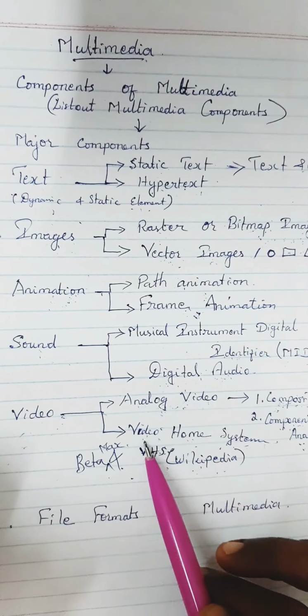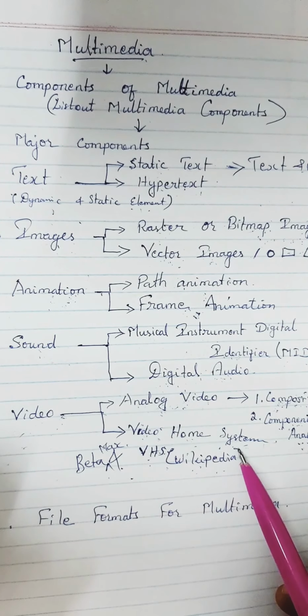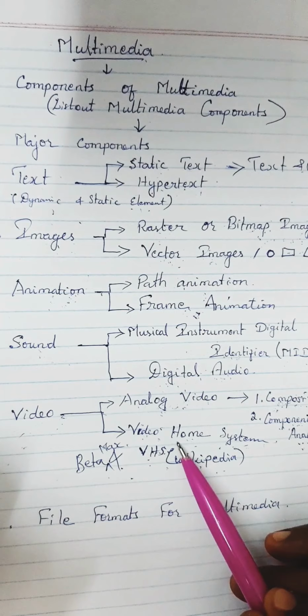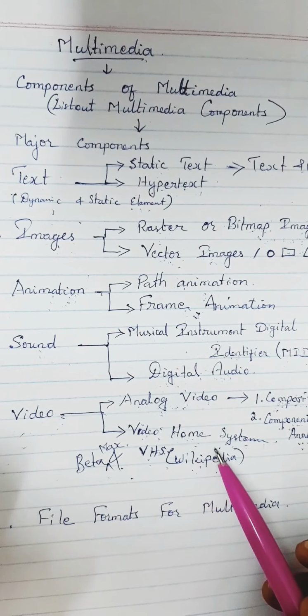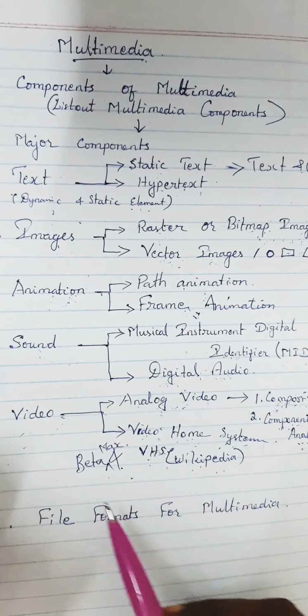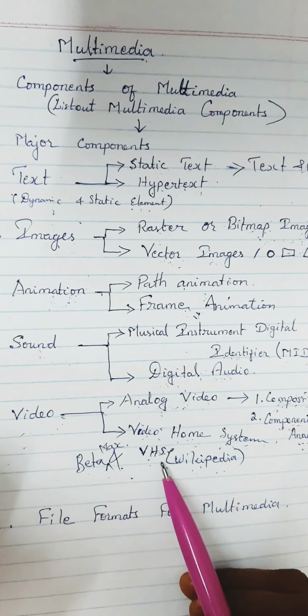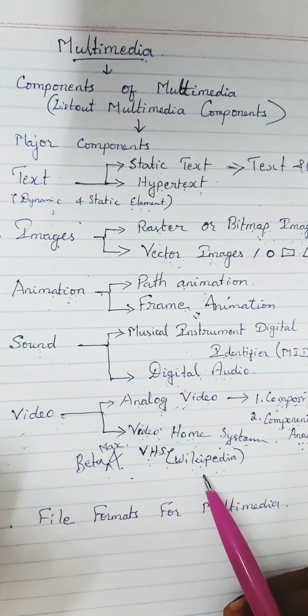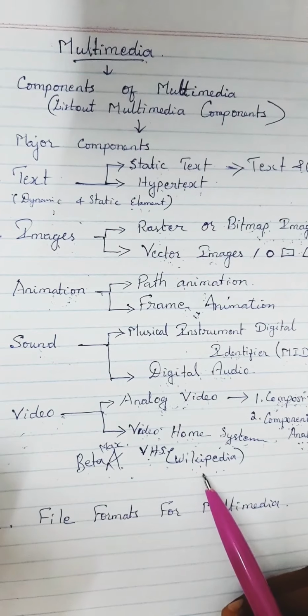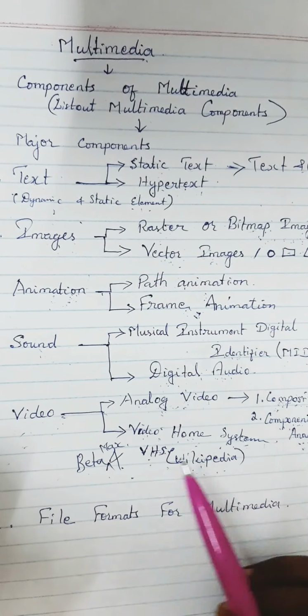Now we are going to see video home system. Video home system, what we see at home, home theater, all those things, a video recording tape format such as Betamax or VHS. What we are storing and showing is called a video home system.